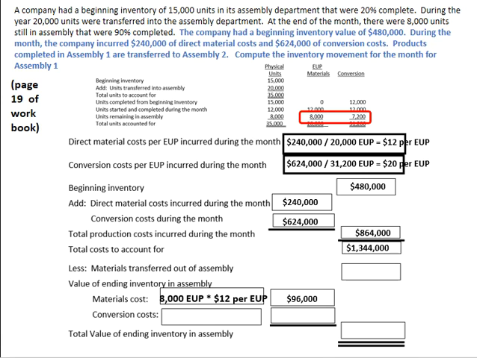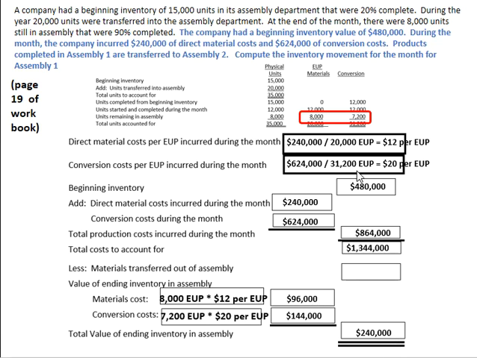In the case of conversion cost, I have 7,200 EUP in ending inventory units remaining in assembly. So it'll be 7,200 EUP times my conversion cost of $20 per EUP, and that equals $144,000. These two items added together are the total value of my ending inventory in assembly.